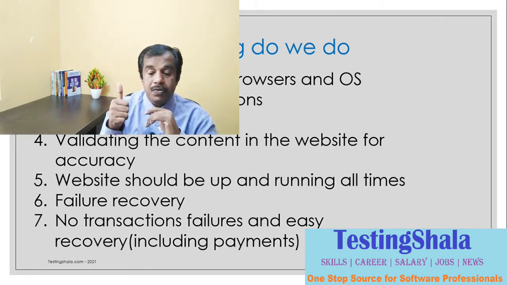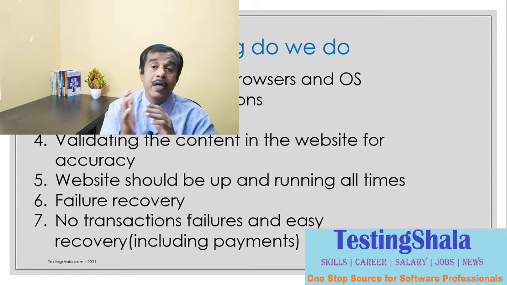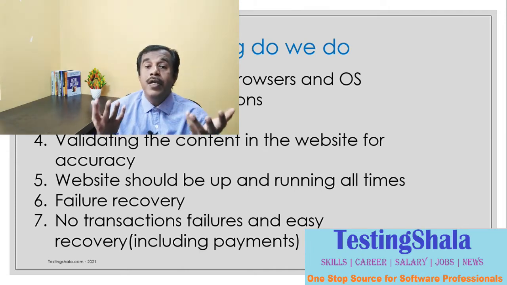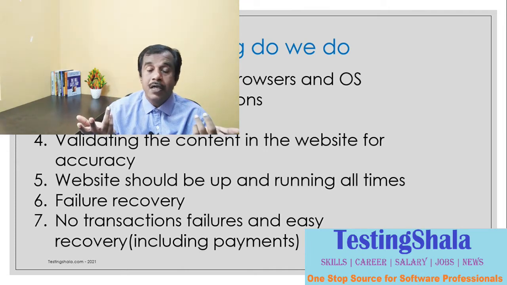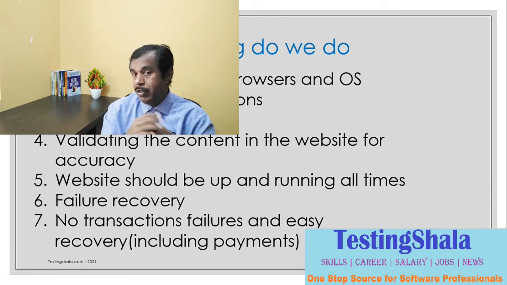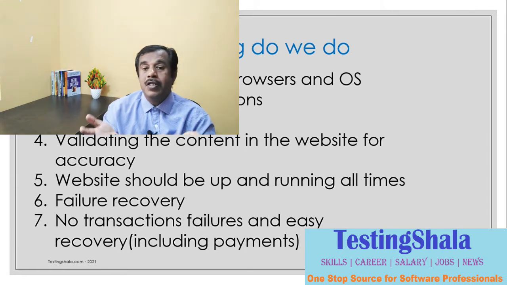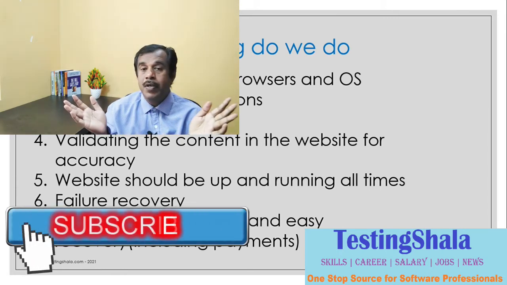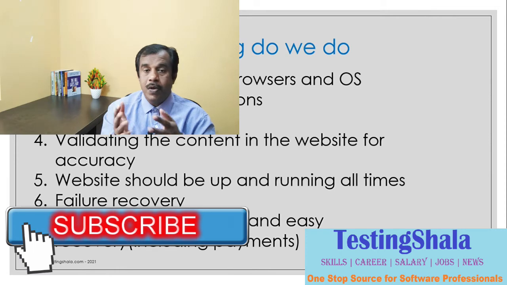Then the seventh is what I was talking about. No transaction should fail, and even if it fails, you should recover very easily, including the payments, because money is involved. When your money is lost, nobody will come and buy products on your website, as if they have lots of money to spend. They want to safeguard their money as well, right?